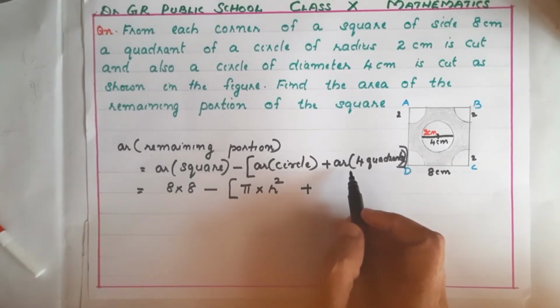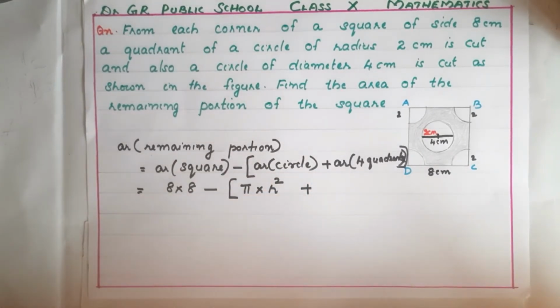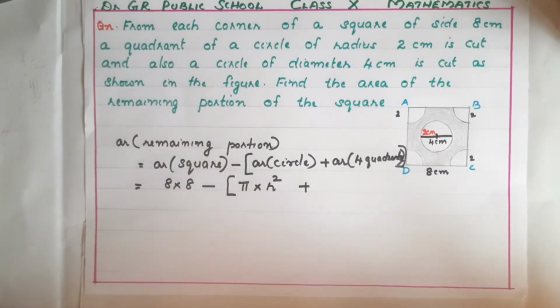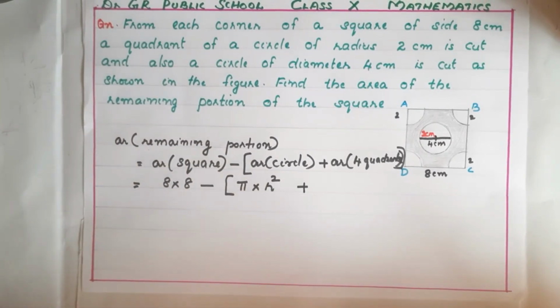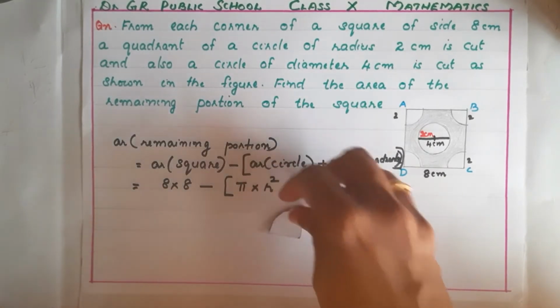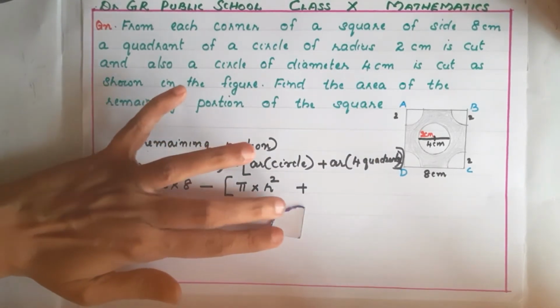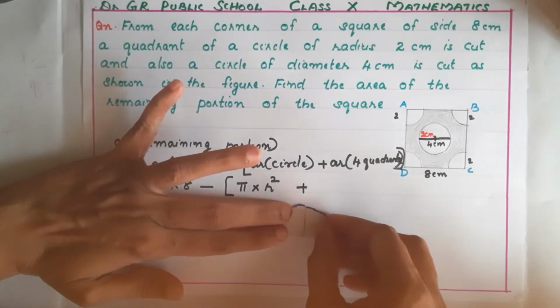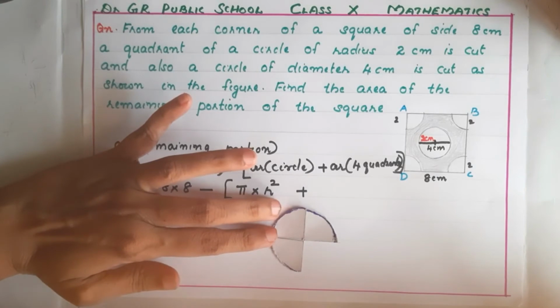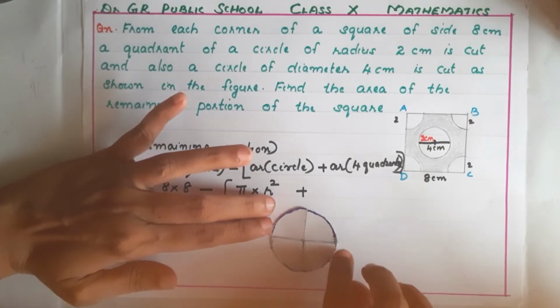Area of 4 quadrants. You have studied the formula to find the area of a quadrant. But see, what is the area of 4 quadrants? If we are arranging 4 quadrants together like this, what are we getting?